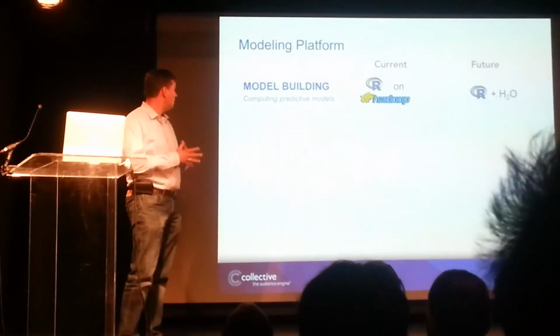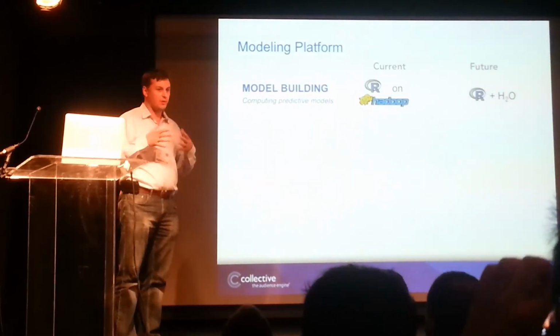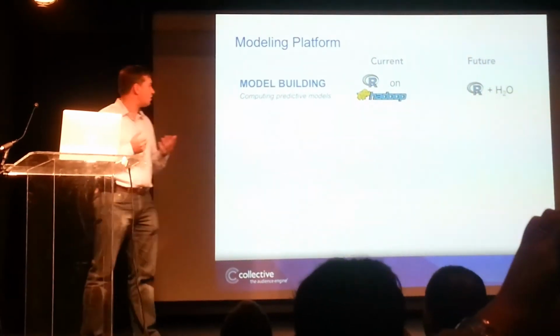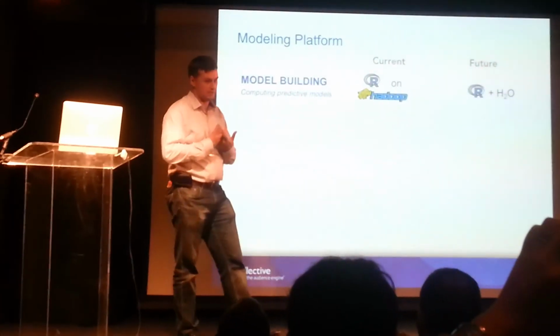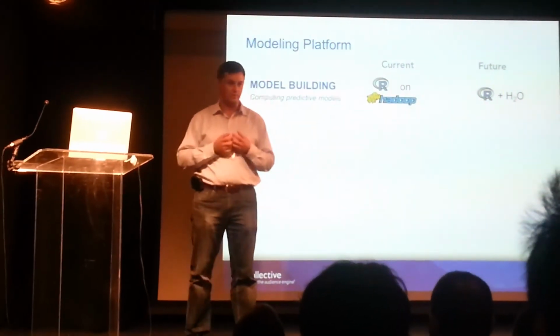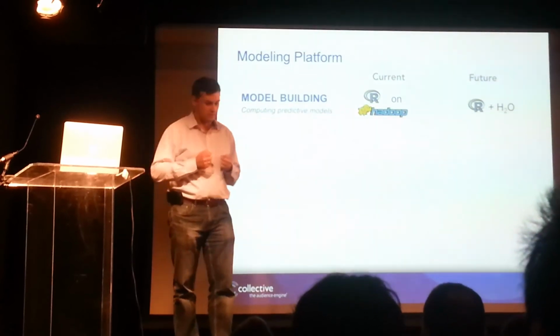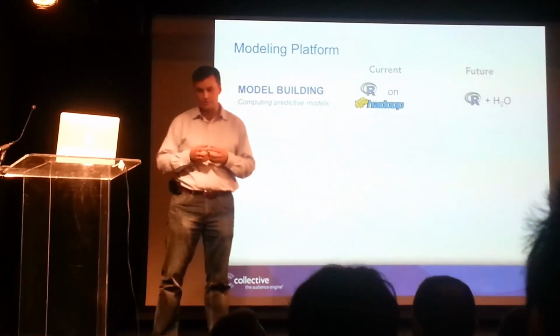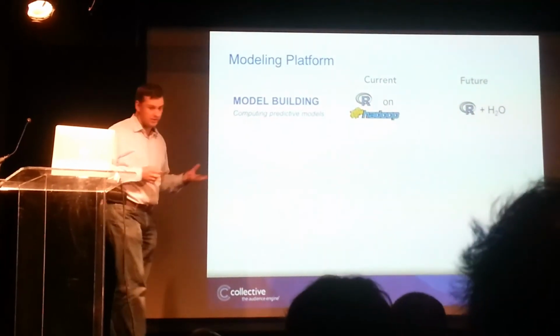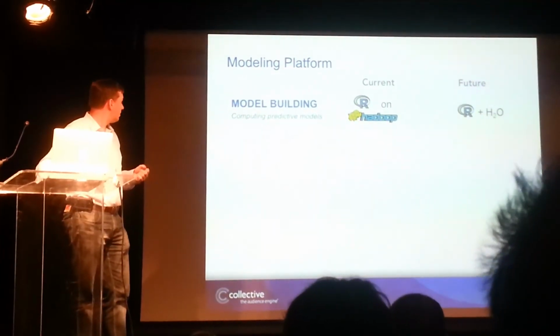So now I want to talk about where we are today and where we're going. Right now we are using R on Hadoop. We're really using Hadoop as a compute platform, so we're using streaming jobs to submit our hundreds of models at a time to our Hadoop cluster, and then get the results back.